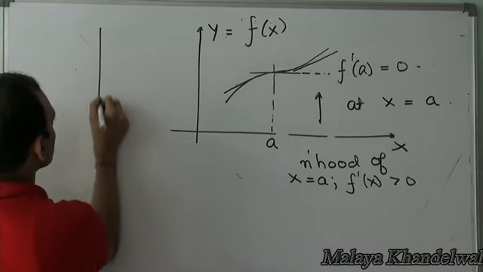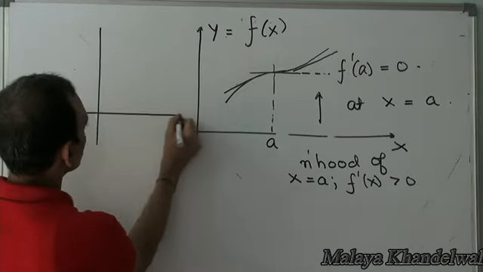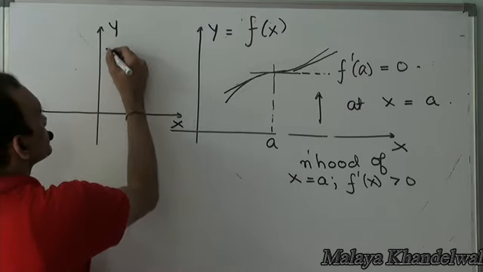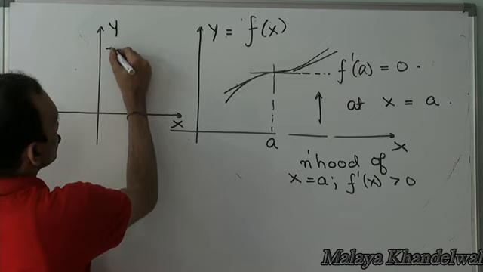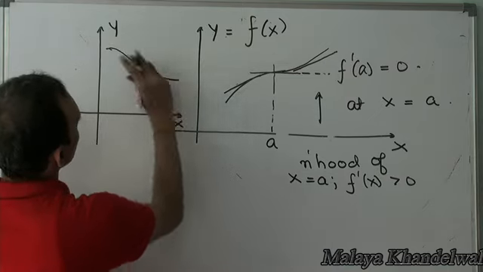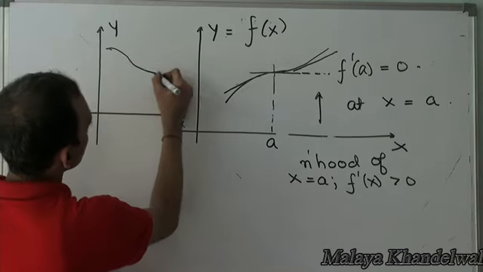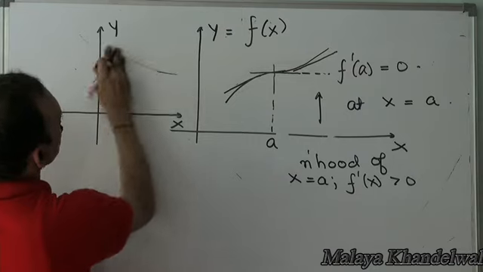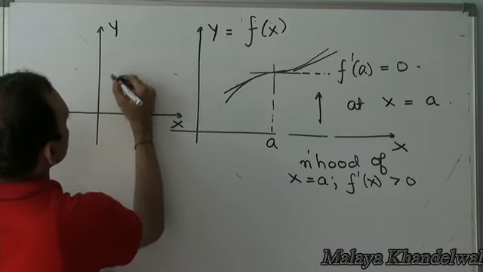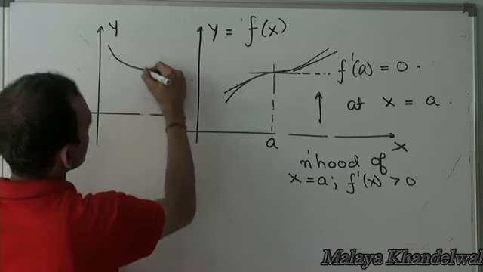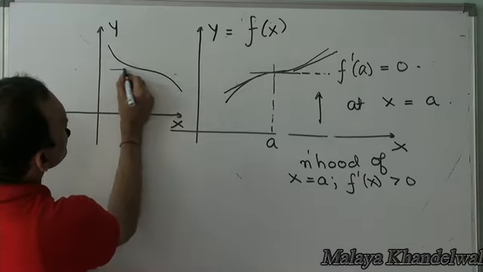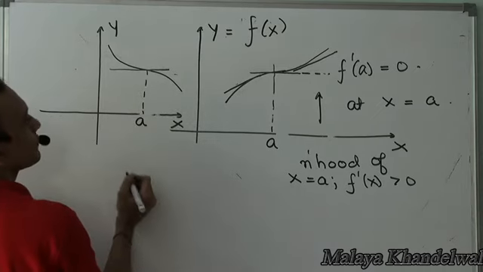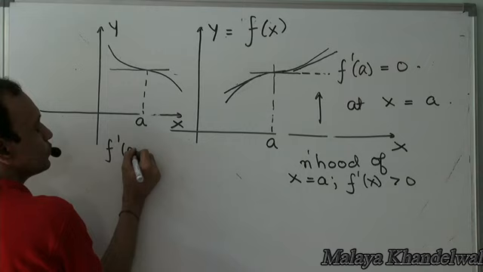If you had, say, something like this. If at a given point, again, f dash x becomes 0 at x equal to a. In this case, f dash a is 0.